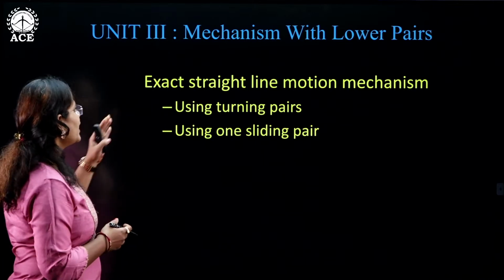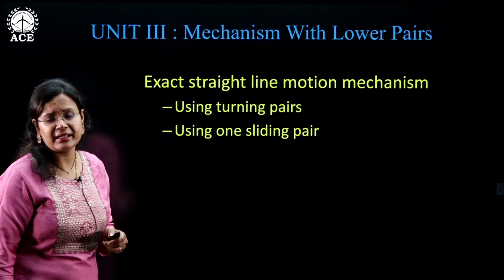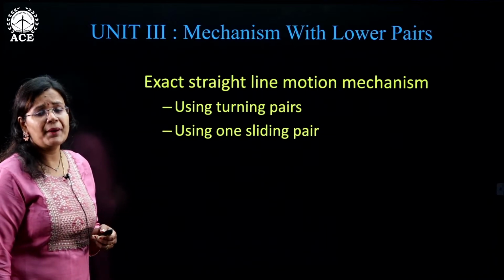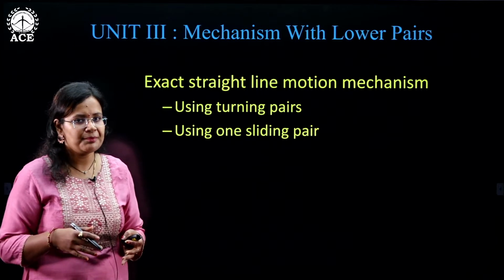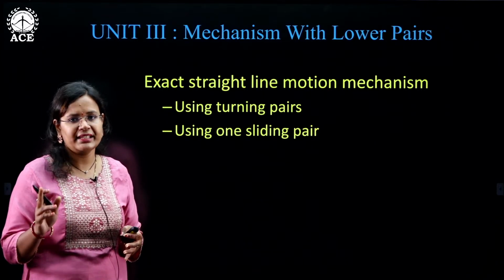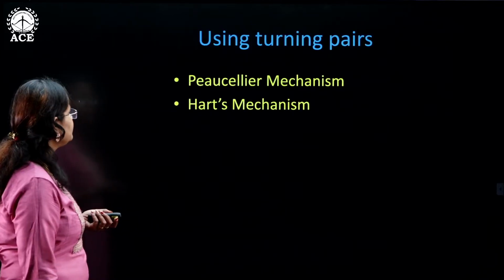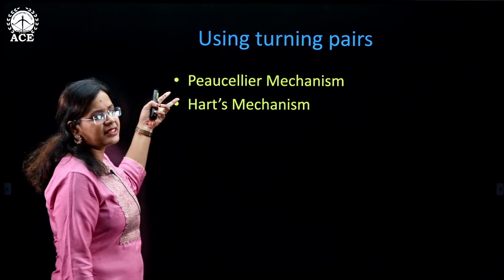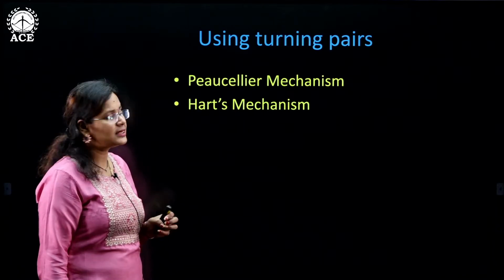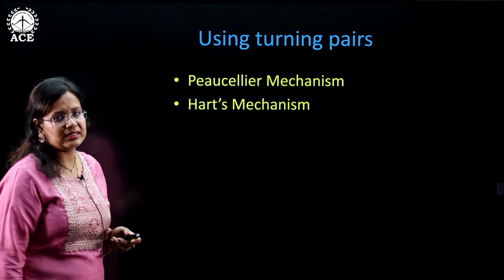Let us discuss the exact straight line first. Exact straight line motion mechanisms are possible by using only turning pairs and also possible by using one sliding pair. So let us see how it is possible by using turning pairs only. Using turning pairs, we have specifically two types of mechanisms. First one is the Peaucellier mechanism. Second one is the Hart's mechanism.